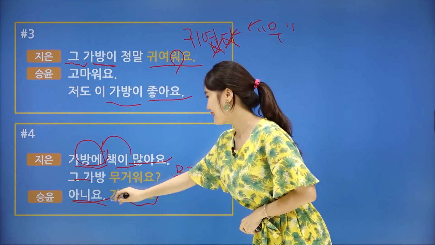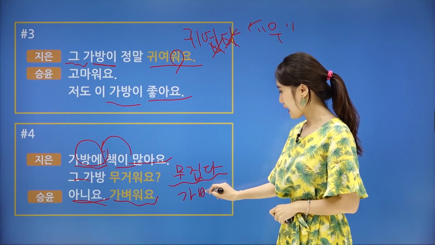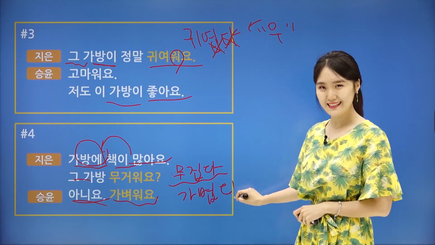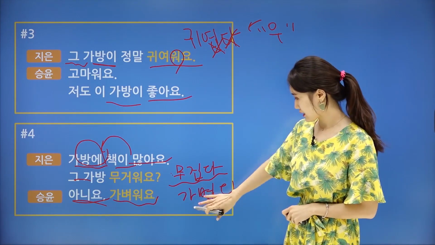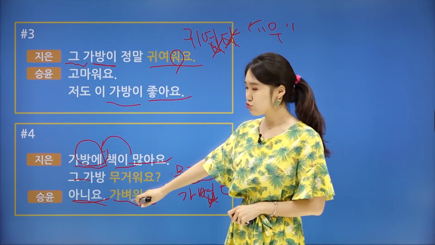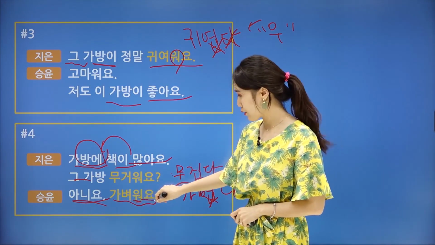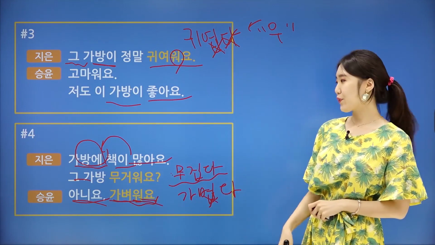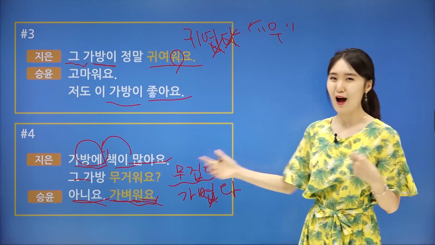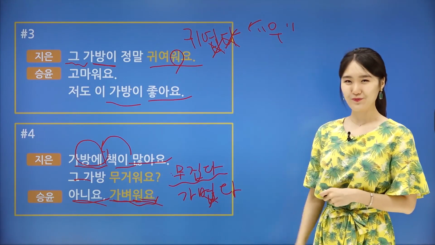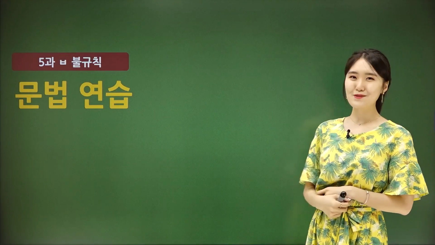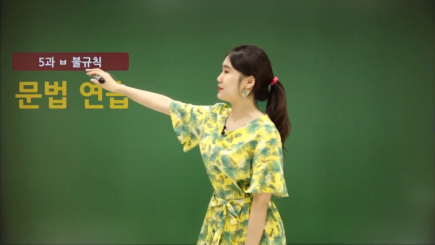No. It's 가벼워요. 가볍다. Light. So, you take this off and insert 우 in and say 어요. 가벼워요. Maybe 승윤 is strong. Okay. Then now you can do the practice.